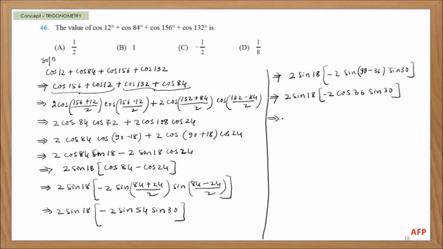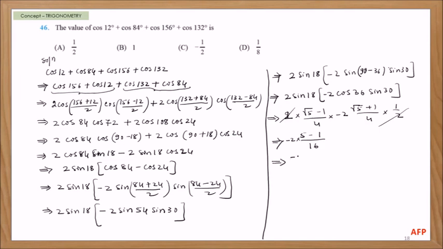I will apply all the formulas, all the values. Okay, sin 18 is (root 5 minus 1) by 4, minus 2 (root 5 plus 1) divided by 4 into 1 by 2. So we will cancel this. So you get 5 minus 1 minus 2 into 16.